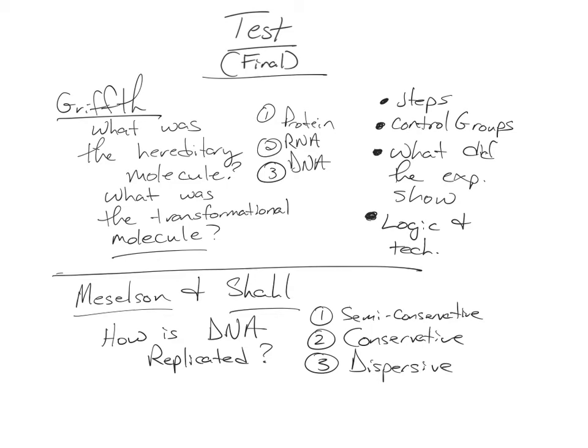And again, I went through all the steps, all the background knowledge. You have to know all that. You have to know all the steps, all the control groups, all the different, what did the experiment show?